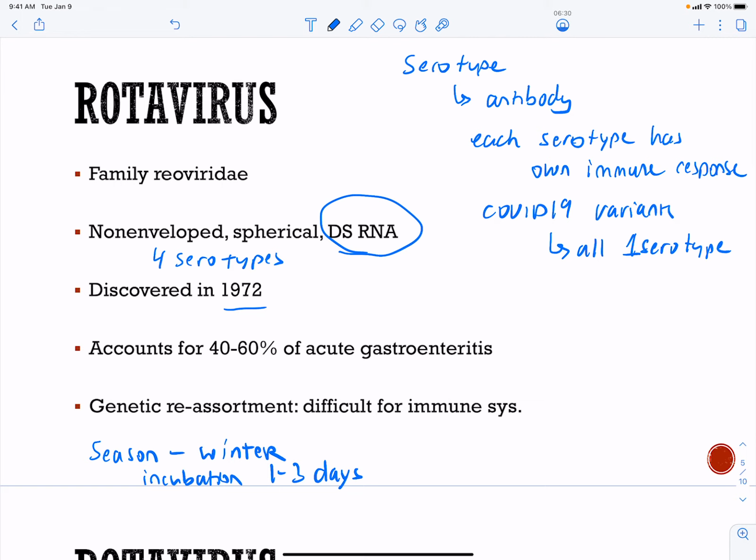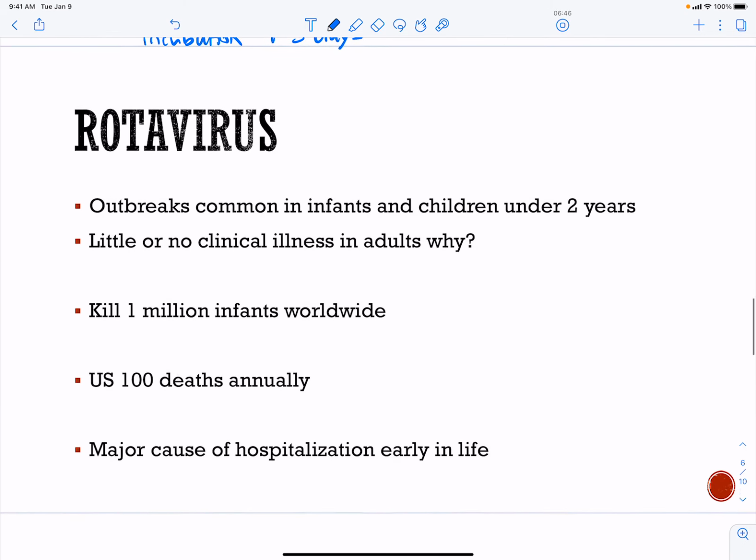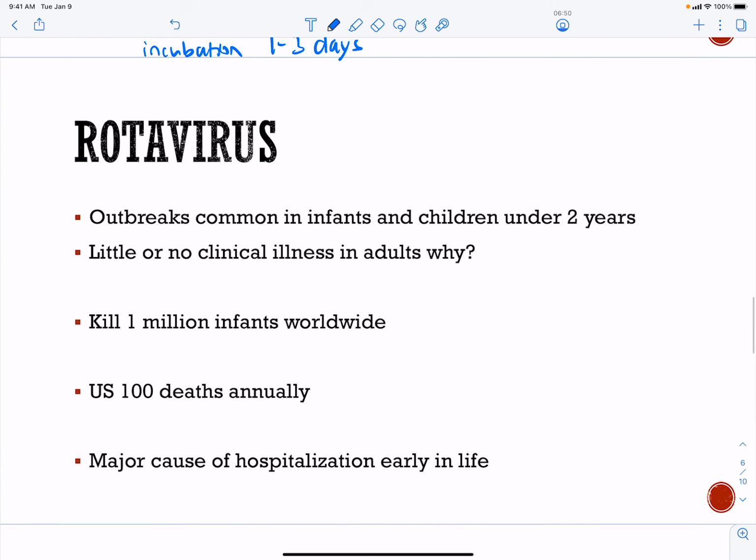The transmission is going to be fecal-oral. And again, usually children under the age of 5, because those over the age of 5 usually have antibodies to all of the different serotypes. We're not going to have any clinical illness in adults because we have memory to the 4 serotypes.